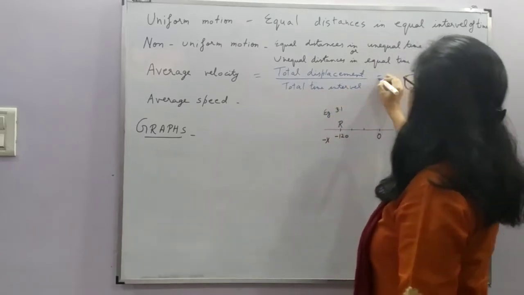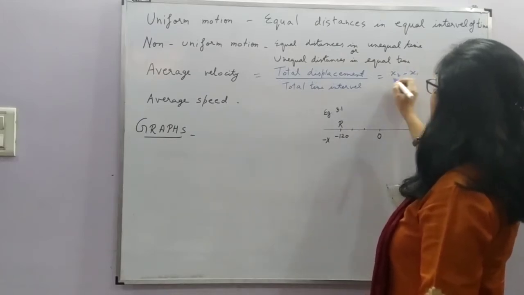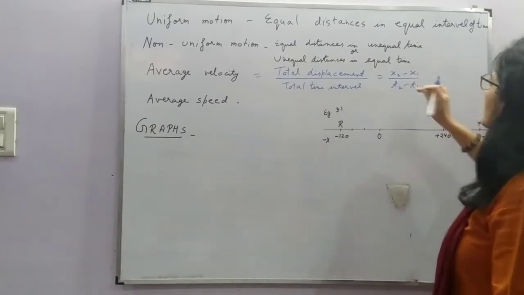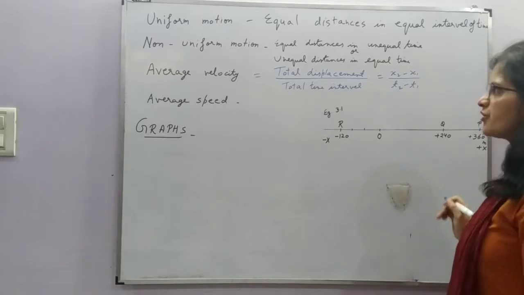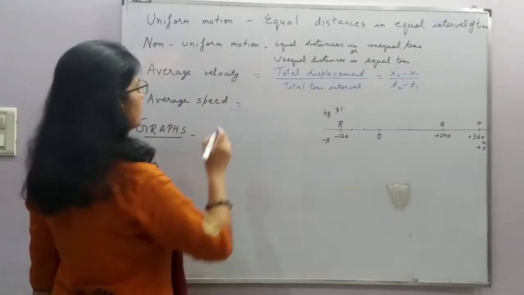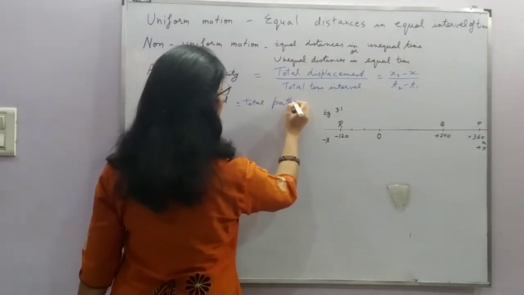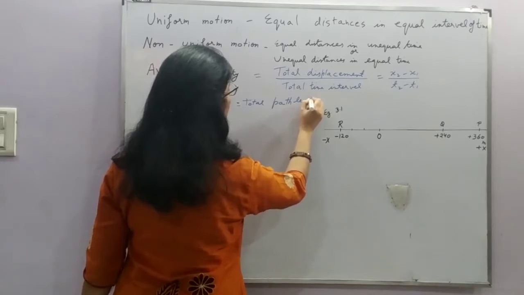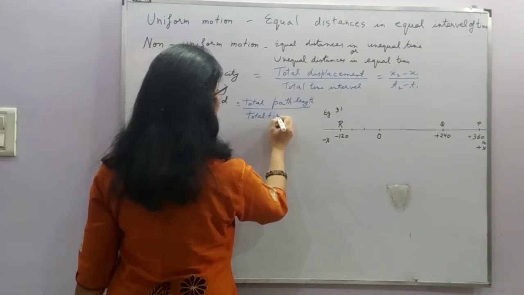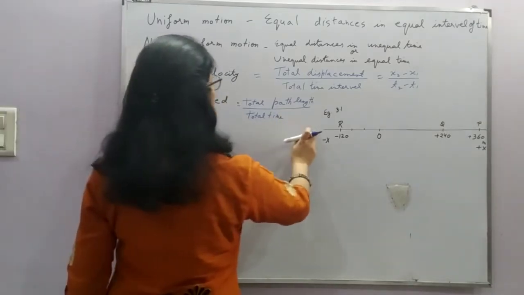So if the final position is x2, initial is x1, final time is t2 and initial time is t1, then we can consider this as average velocity. Now for average speed, we have a different formula. This is called total path length upon total time. These concepts will be clear with this example.